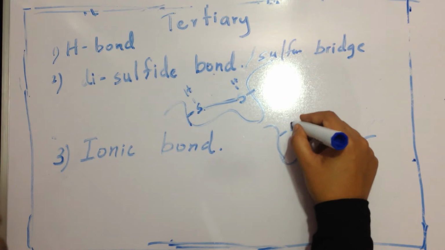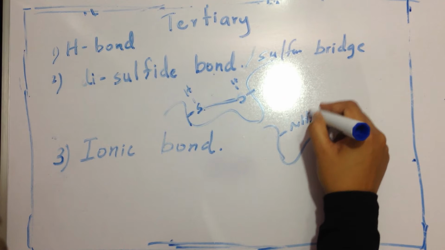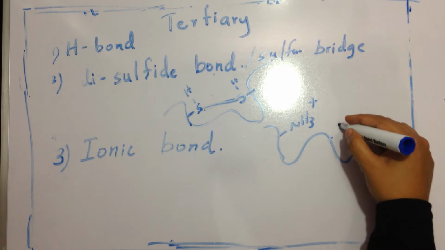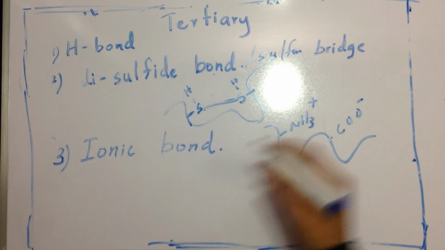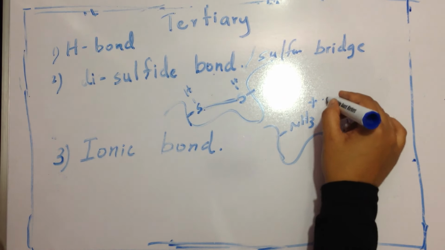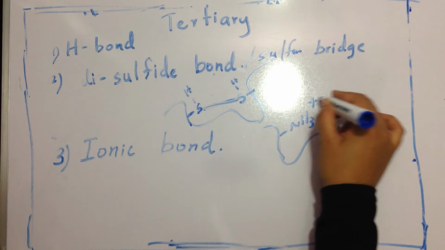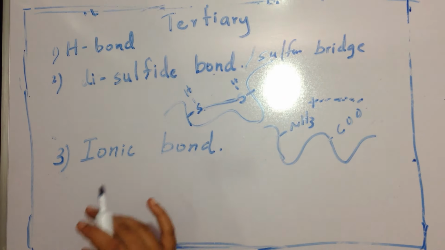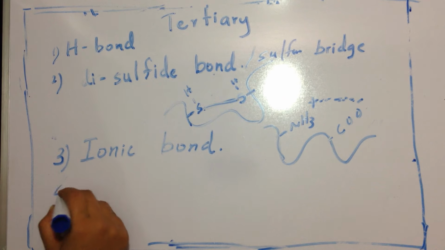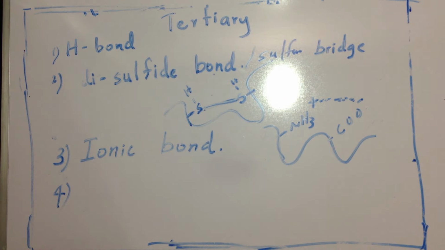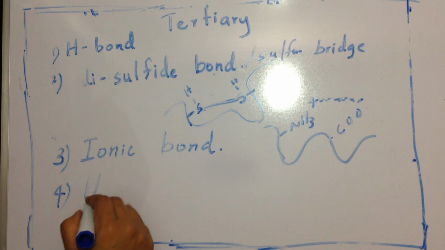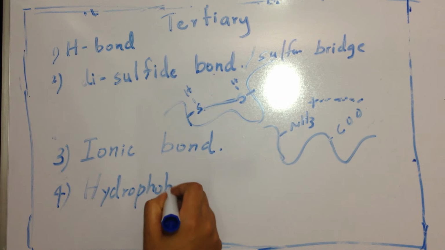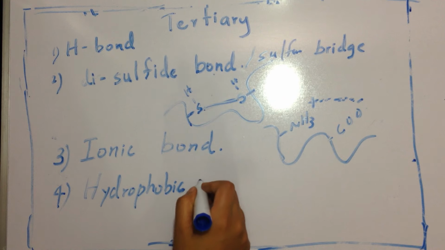So for example, if there is an ion NH3 plus somewhere in the polypeptide chain, and somewhere here is COO minus, they are electrostatically attractive. This bond is called the ionic bond. And number 4, hydrophobic interaction.